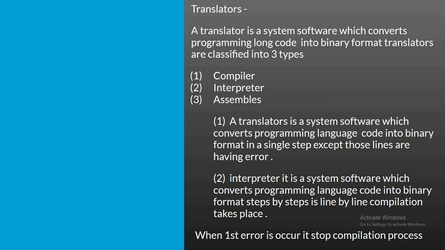In the case of compiler, it converts all lines into binary code, and in the case of interpreter, it goes line by line and converts it into binary code. This is the main difference between compiler and interpreter.